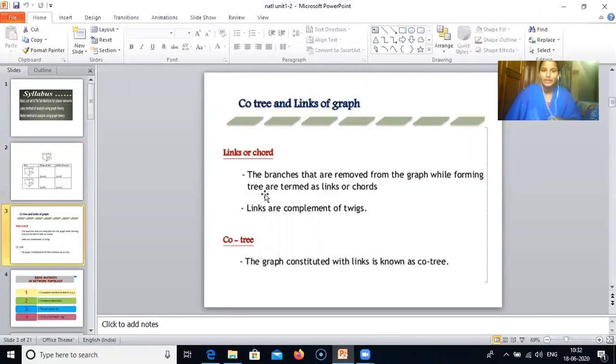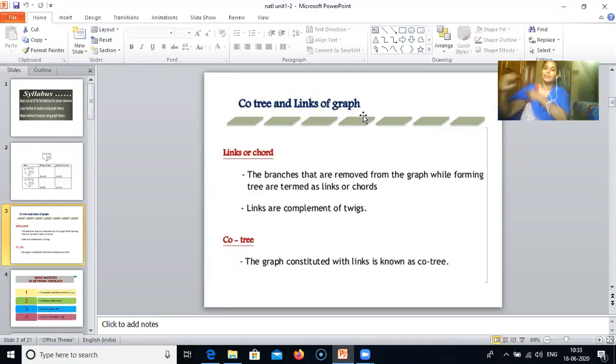Okay. So core tree and links of a graph. The branches of a core tree are also called the links or chords. The branches that are removed from the graph while forming a tree are called the links or chords. And the links are the complement of the twigs. So the number of links will be equal to B minus N plus 1.